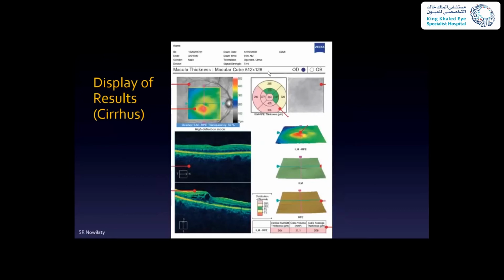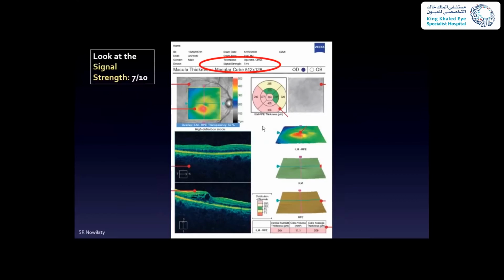Now let's say you have a Zeiss machine, a Cirrus machine. The first thing that you do, the machine is going to generate something like this sheet of paper for you. You first look at the signal strength, because you want to make sure that the exam was done in a proper way, and that the patient was fixating and there were no artifacts.